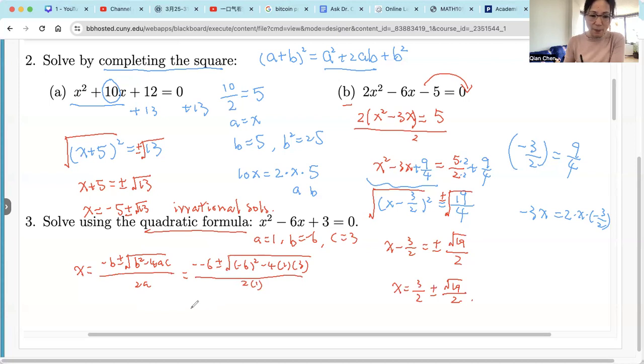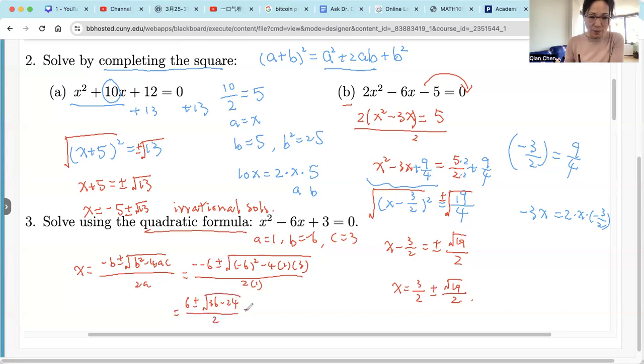Simplify this. Negative negative 6, positive 6. Plus or minus negative 6 squared, 36. 36 minus 4 times 2, 8. 8 times 3, 24. So 36 minus 24.